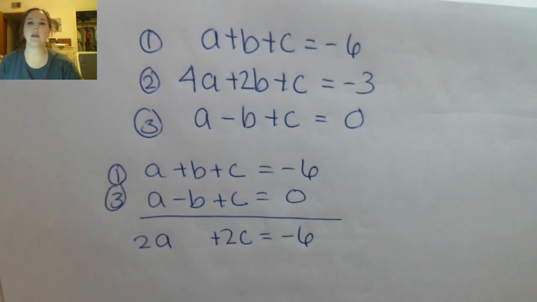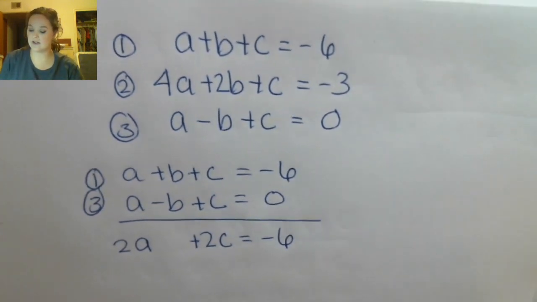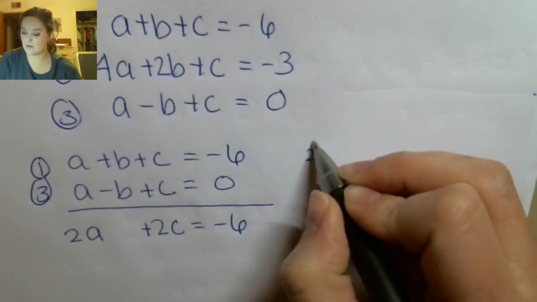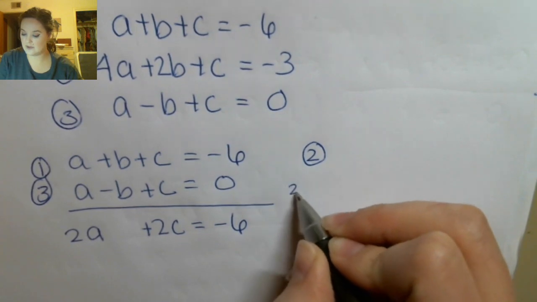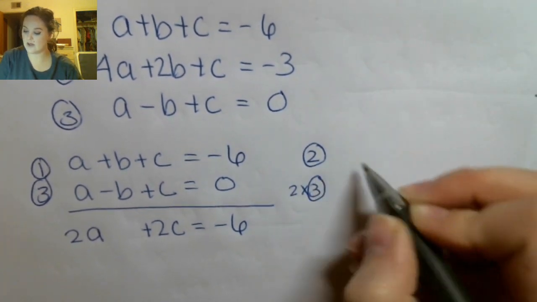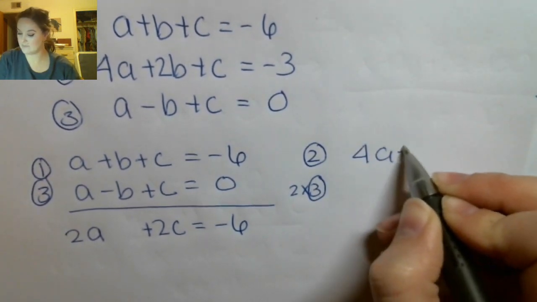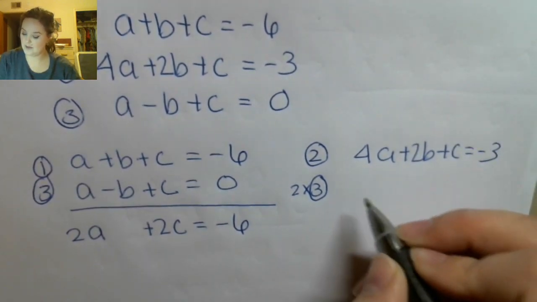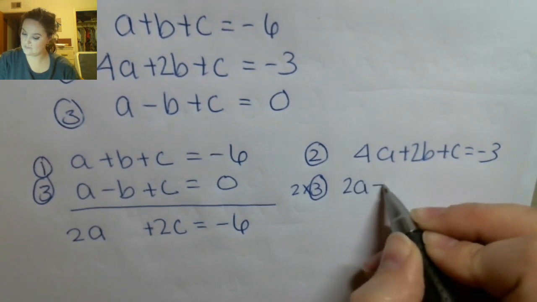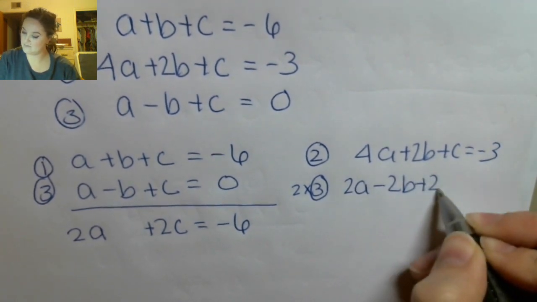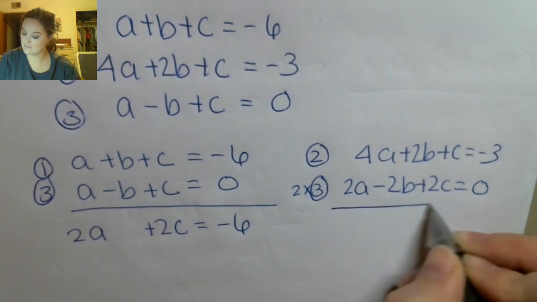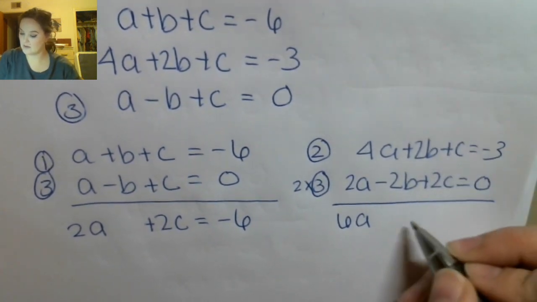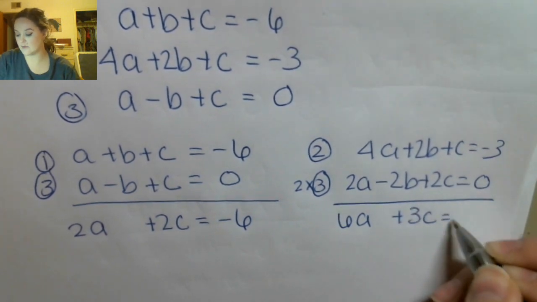Okay, and then I want to combine 2 other ones in an effort to eliminate b also. So I'll do 2, okay, and then 2 times equation 3. So this would give me 6a, b cancels, plus 3c equals negative 3.